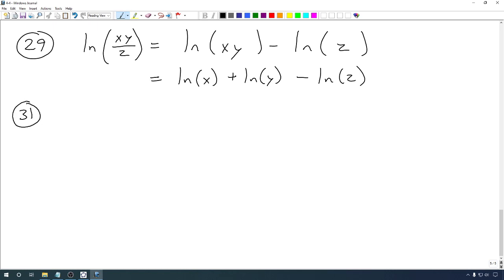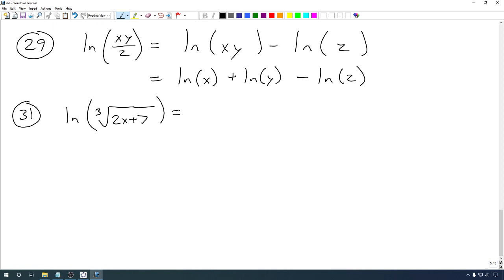If we look at problem 31, we have the natural logarithm of the cube root of 2x plus 7. Again, this is how the book wrote it. If we want to be specific about it, we can treat this as having parentheses around it.